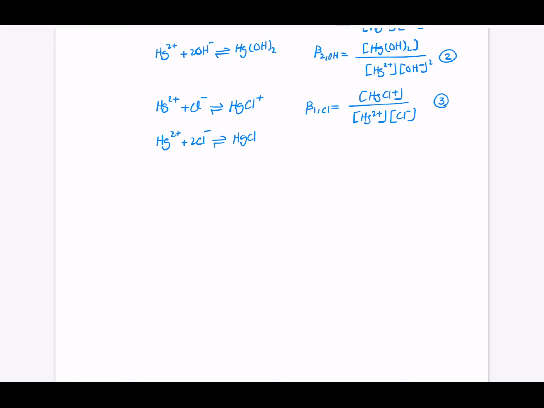Keep in mind this HgCl2 is still in the aqueous phase, it's not a precipitate. Beta 2 of Cl, this would be HgCl2 divided by Hg2 plus, and then Cl minus to the power of 2.